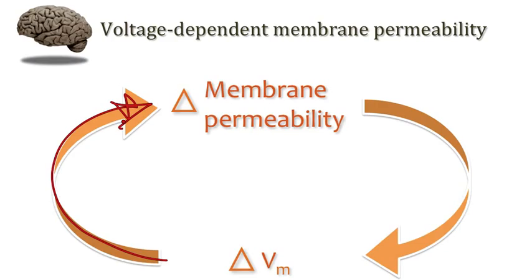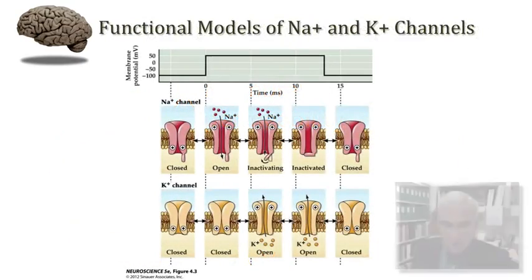First, we'll consider a functional model for how this feature, a change in membrane potential, leads to a change in membrane permeability. And then we'll consider the actual molecular structure of these proteins and gain some insight as to how this plays out in actual biological terms. So first, a functional model.